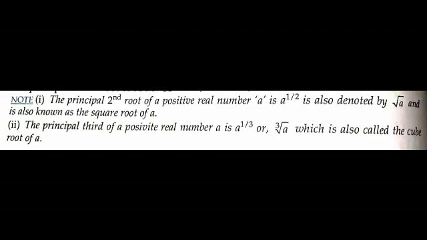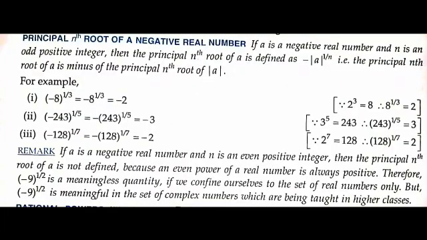Moving ahead, we will discuss the principal nth root of a negative real number. And here we have, if a is a negative real number and n is an odd positive integer, then the principal nth root of a is defined as minus mod a to the power 1 by n.